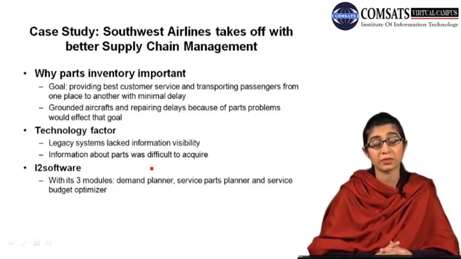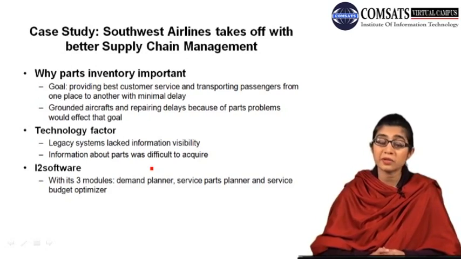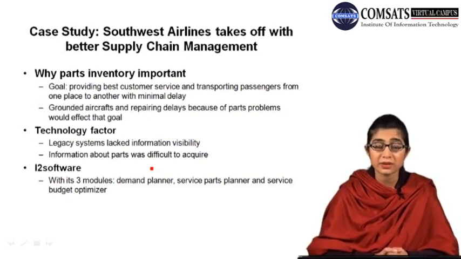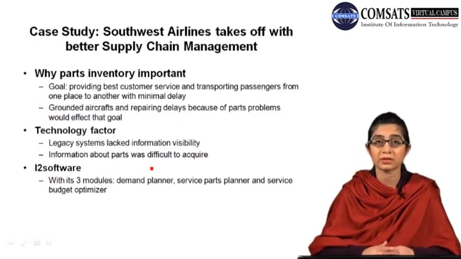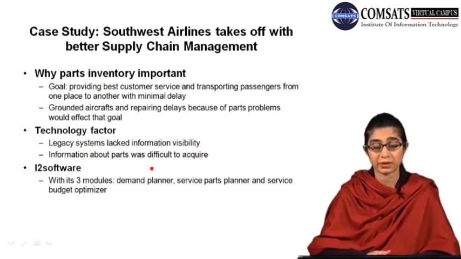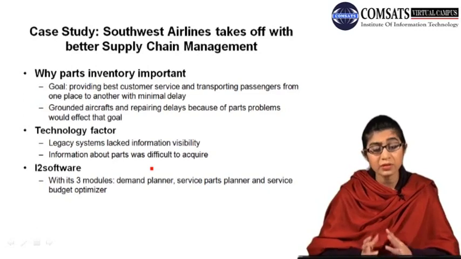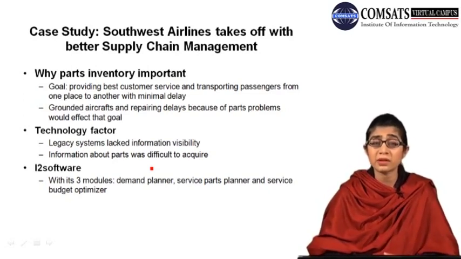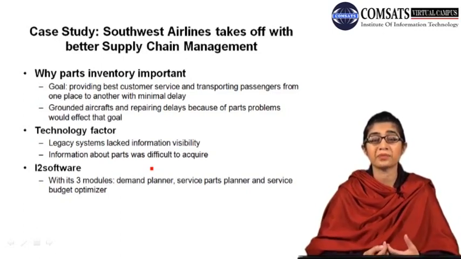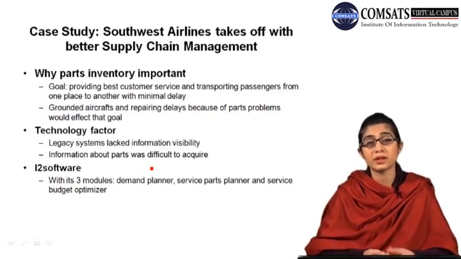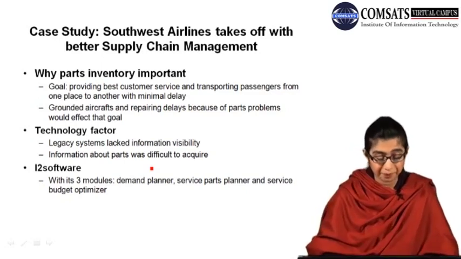What kind of part is required, or if a new kind of part is required, where it will be available from, and which distribution center or warehouse has that part available right now. This kind of information was not readily available, and that was a technology factor that was pulling their company down.